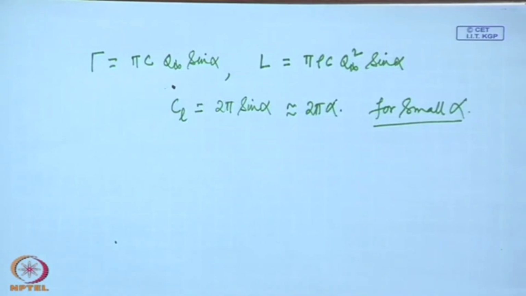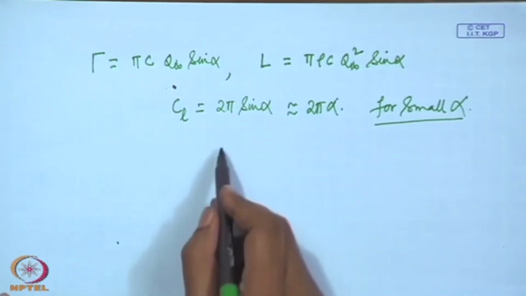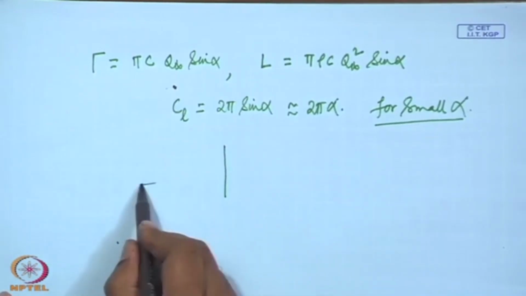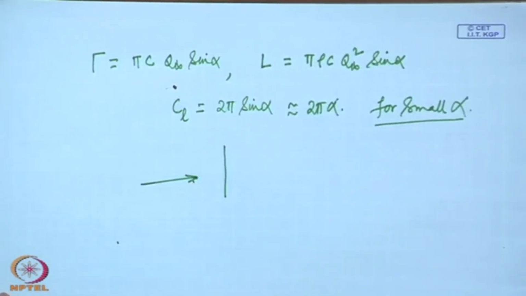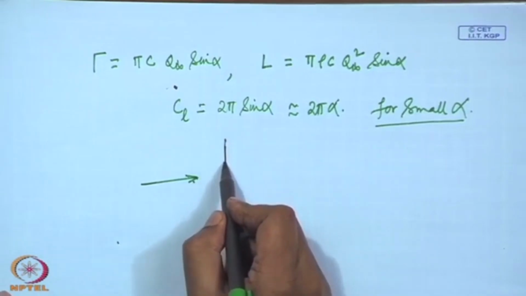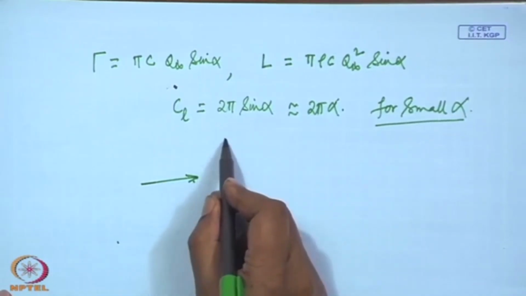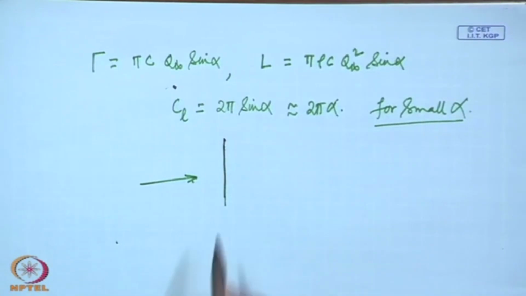That is, the plate is like this, and flow is coming like this. Okay, for such a situation, this envisaged ideal flow is not a very good approximation, it is very, very poor approximation, but anyway it can be done using this transformation.